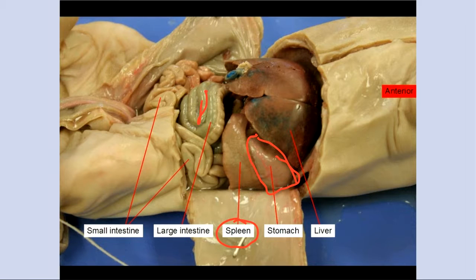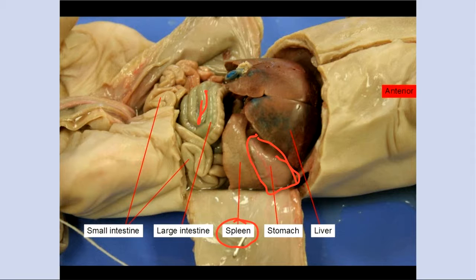So on your left side of your abdomen, lining the wall of your abdomen, is the spleen, which is responsible for filtering the blood, and it's also responsible for keeping stores of excess blood, just in case you need some blood for some reason.